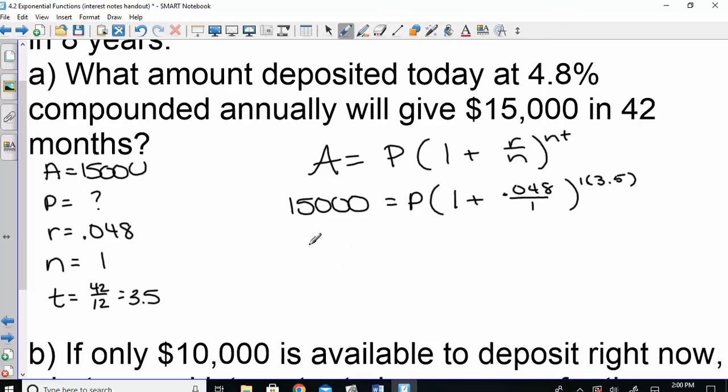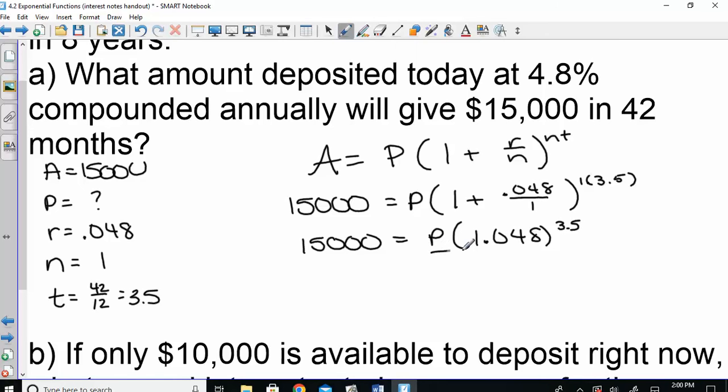You're welcome to simplify this sum if you would like. 1 plus 0.048 divided by 1, that's just 1.048. 1 times 3.5, that's just 3.5. But how am I going to solve for P? What do we have to do? It's multiplied with P, so divide.